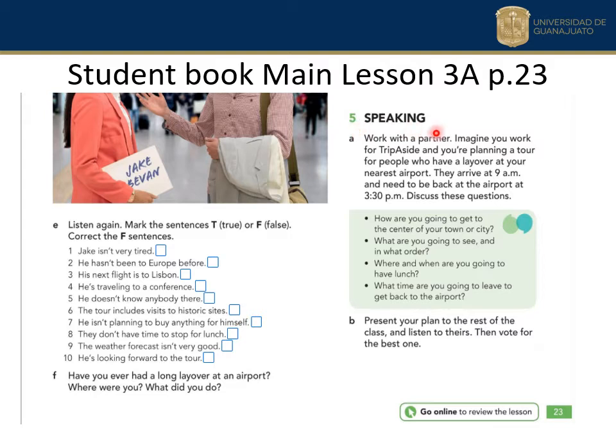And here in the speaking is also practice with your partner. You have to imagine that you work for TripAside and you're planning a tour for people who have a layover at your nearest airport. So you can take these questions in consideration to plan your trip.